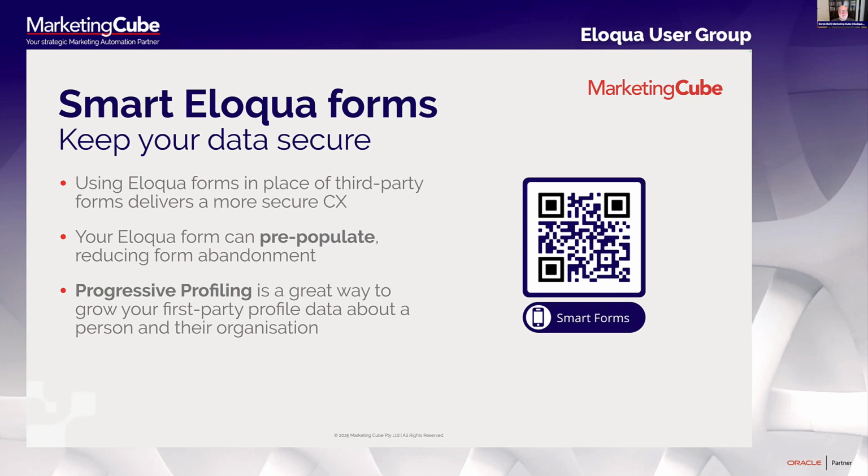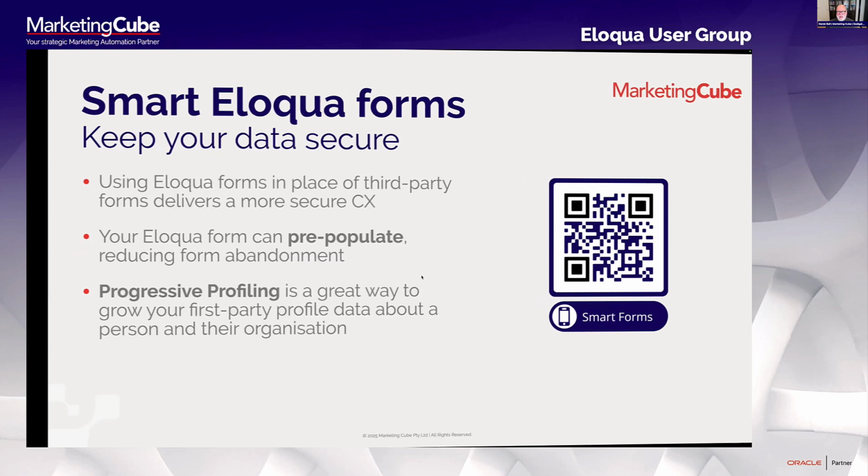Again, we talked about pre-population to avoid form abandonment, and your Eloqua form does that natively. So that's good. And then obviously progressive profiling is another really cool way to drive that experience, and a winning reason as to why using the Eloqua form is a better solution than potentially using a third-party app of some sort.